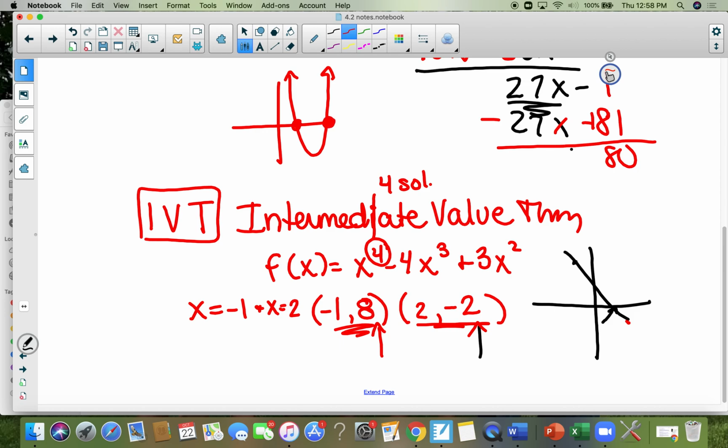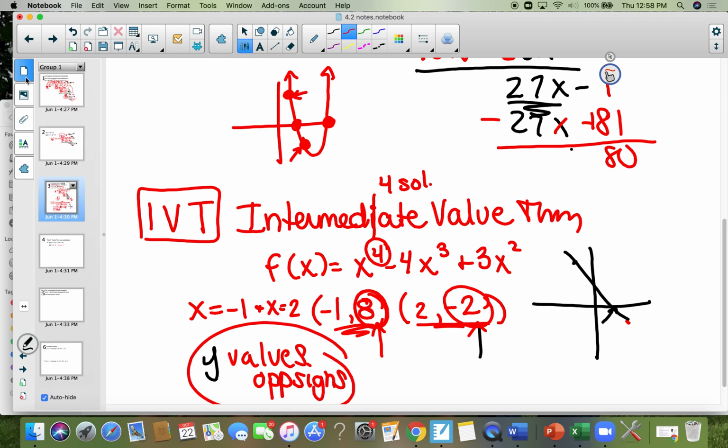And the reason why there's a solution is that there's a point over here and a point down here, and the y values have to be opposite in order to cross over. So you just have to confirm that. You have to be looking at the y values, and the y values need to have opposite signs, so make sure you know that.